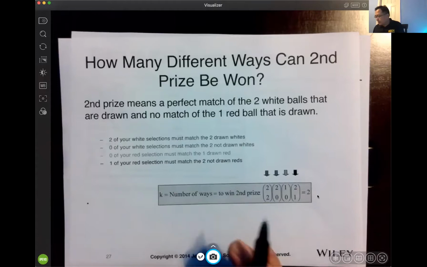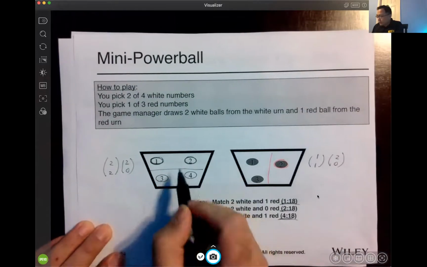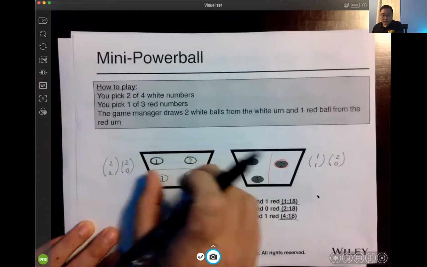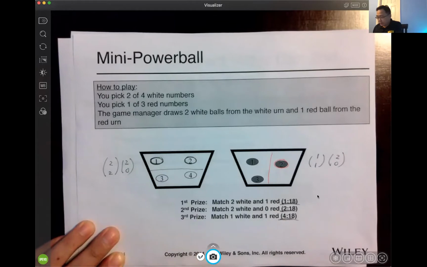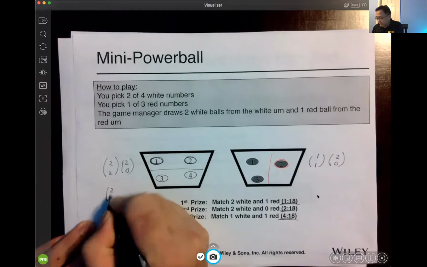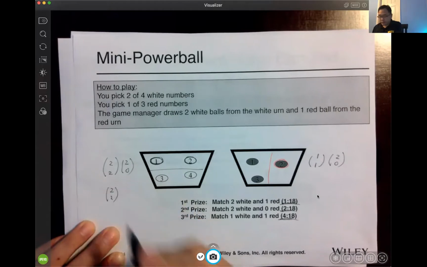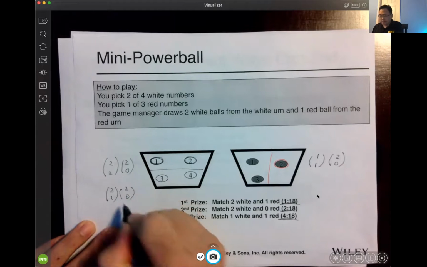So in that case, we need the two white balls to match again. From these two lucky balls, we need to draw them all. So still two choose two, and the remaining two choose zero.